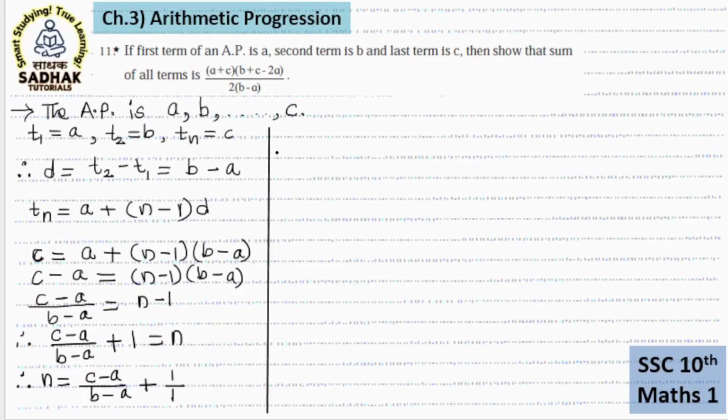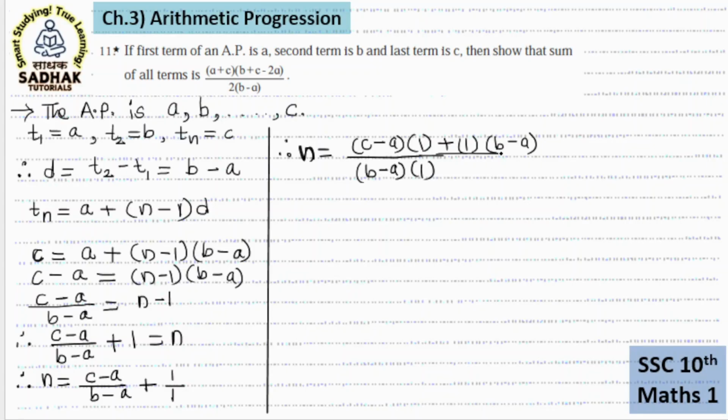So n is equal to, in the denominator, (B minus A) multiplied by 1. In the numerator we cross multiply, so (C minus A) multiplied by 1 plus 1 multiplied by (B minus A).